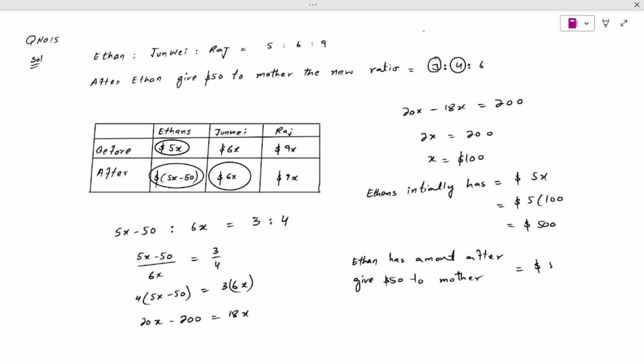This equals $500 minus $50. So this amount is equal to $450. So Ethan has $450 after giving $50 to his mother.